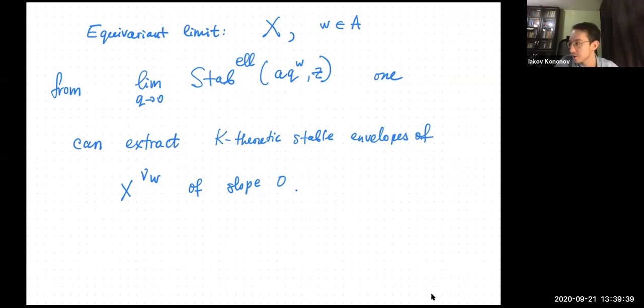For this construction, we don't need 3D mirror symmetry. We just have a variety X, and this is the answer how to extract K-theoretic stable envelopes of slope 0 of the subvariety invariant under cyclic group from elliptic stable envelopes of the big variety X.